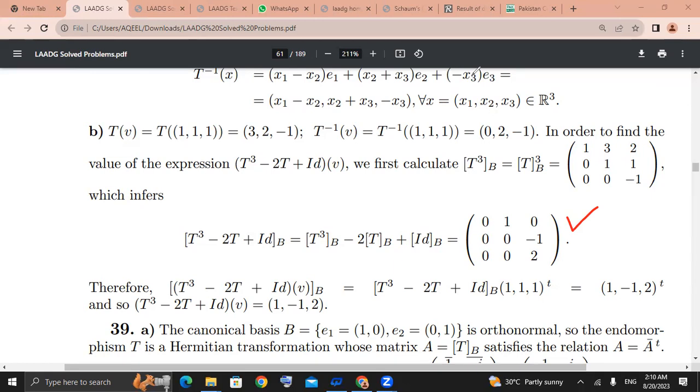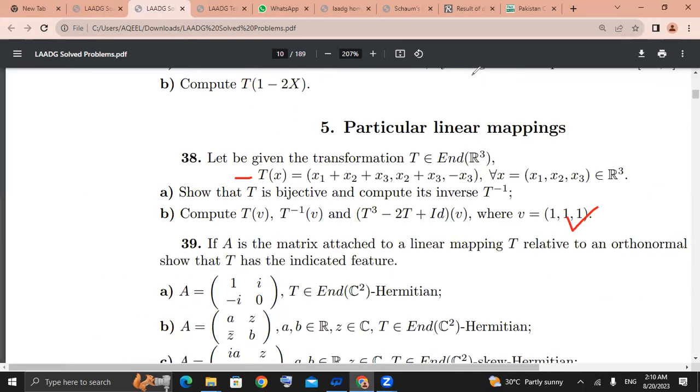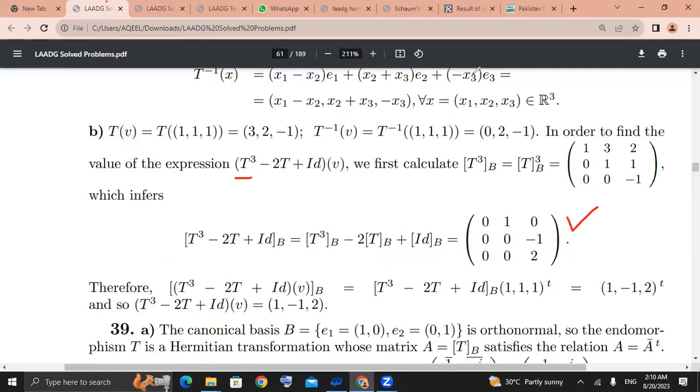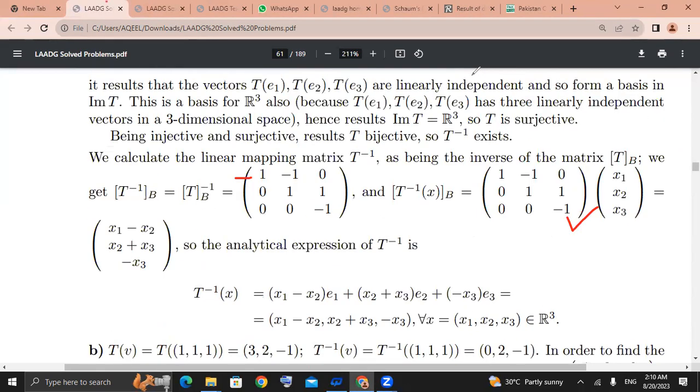Can you repeat it? I didn't understand. Why is it Id and T? You have to find T cubed, as he says to find this relation. How can you find T cubed?